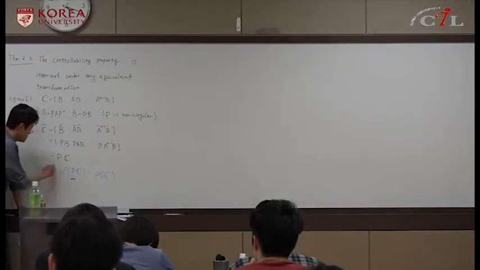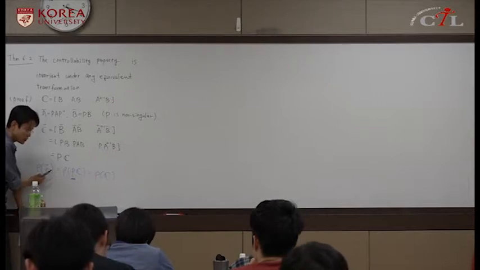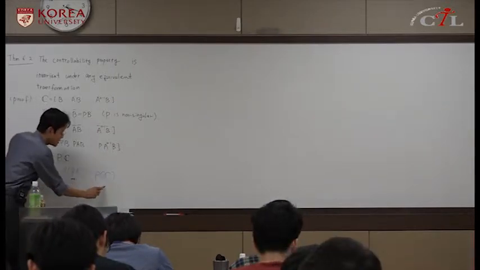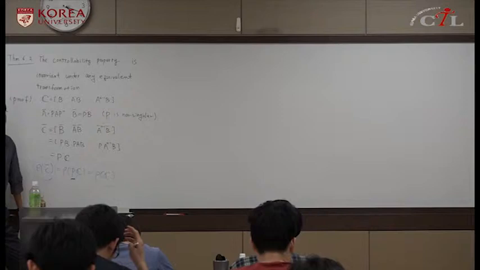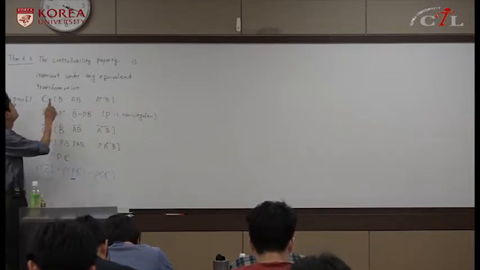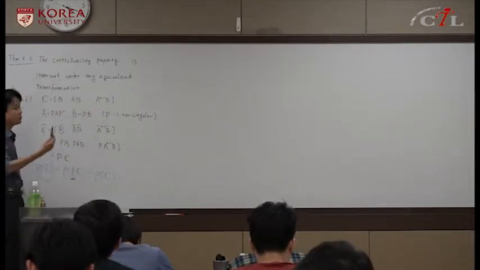So the transformed controllability matrix has the same rank as the original controllability matrix. So it's invariant under any equivalence transformation.